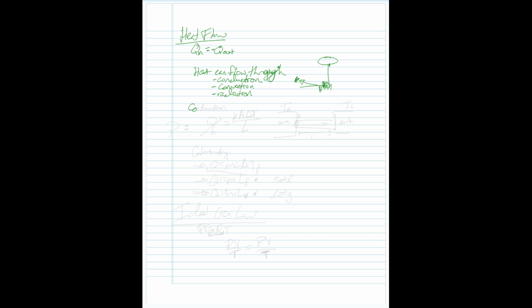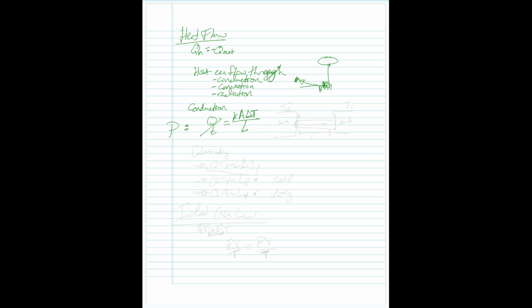The only equation we really have for this is for conduction, which measures the heat flow per unit of time. Heat flow would be measured in joules per second, so this is actually the power that the heat is flowing through, is equal to some constant times the area times the temperature difference between the two objects divided by L being the length of the conductor.